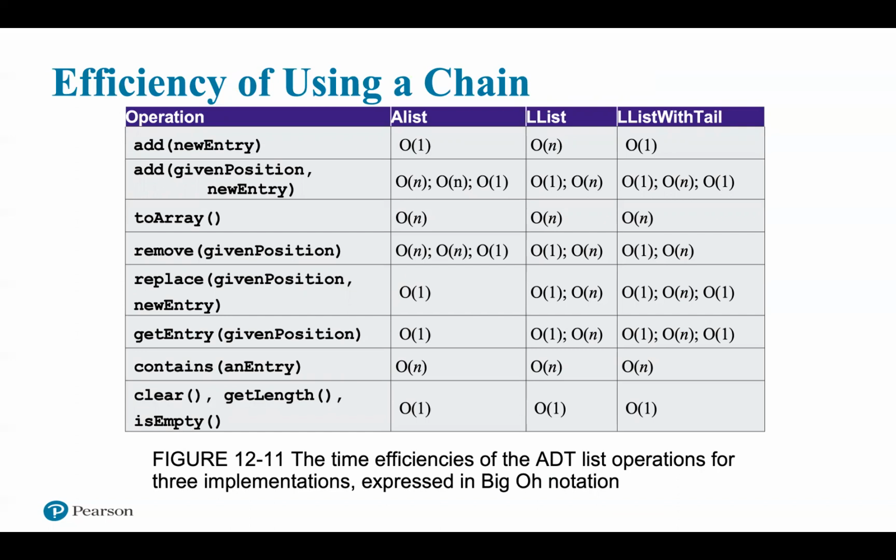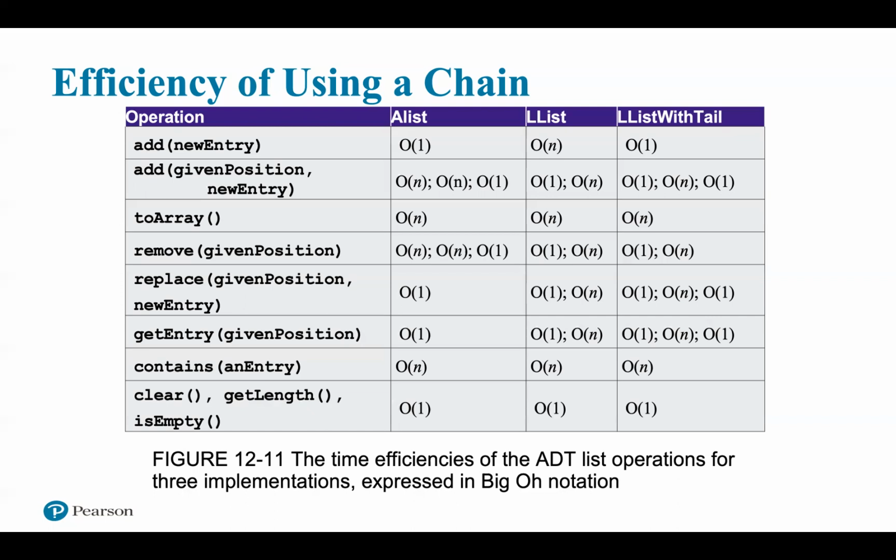Several of these methods call the private method getNodeAt, as given in segment 12.7. The loop in getNodeAt cycles i-1 times in a search for the ith node in the chain. Thus, getNodeAt is big O of n in general, but big O of 1 when the loop is skipped. We will use this observation in our analysis of the public methods.